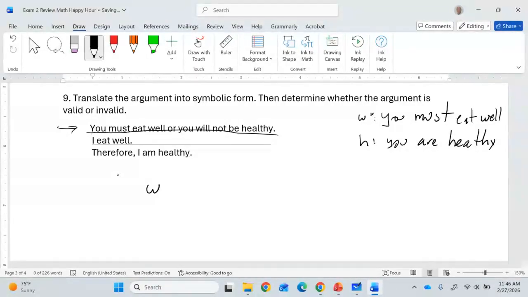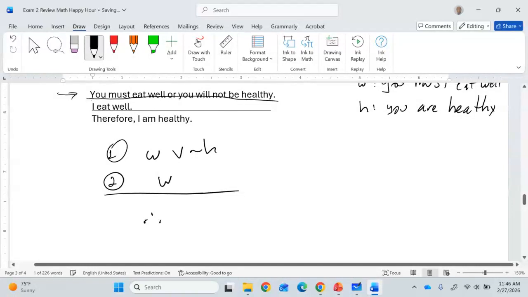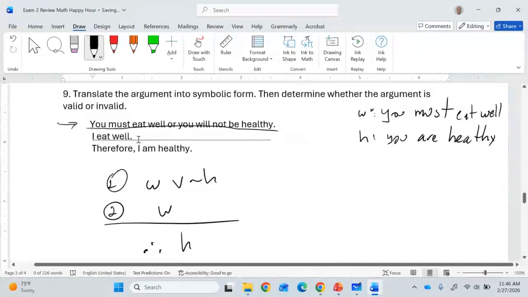So we said this was W, or not healthy, not H. So that's number 1. Number 2 was "I eat well," which is W. And then the conclusion, therefore, which is these 3 dots in a triangular shape, "I am healthy," so the conclusion is H. So this is how we write it. This argument is written in symbolic form in this way.